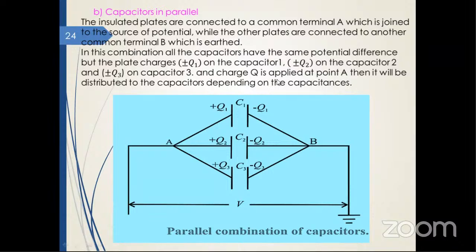Therefore Q is applied at the point A, and then it is distributed to the capacitors: Q1 for capacitor C1, Q2, and Q3.